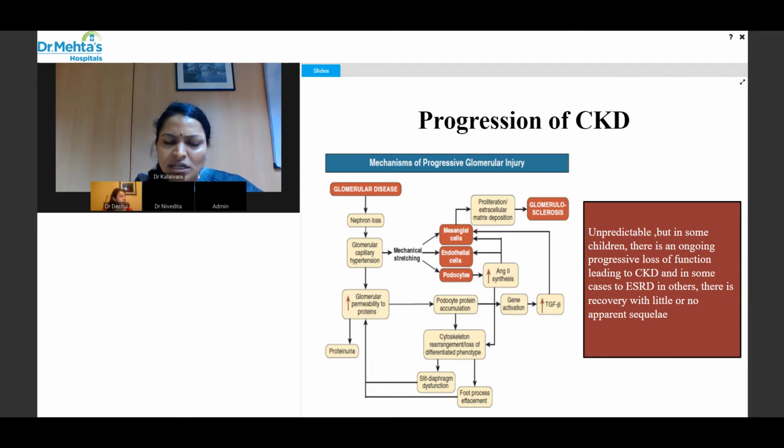So in children, CKD progression is very much unpredictable. Few can reverse and few can have sequelae of CKD.